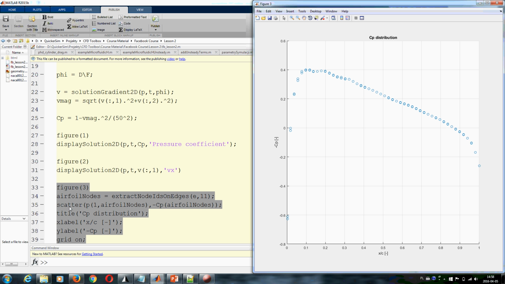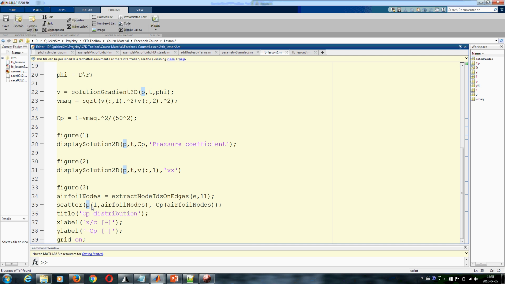Alright, so we do scatter, and as I said, P denotes coordinates of nodes in the mesh. 1 denotes this would be x coordinates. 2 means we would like to plot the y coordinates, and we only want to do it for airfoil nodes.